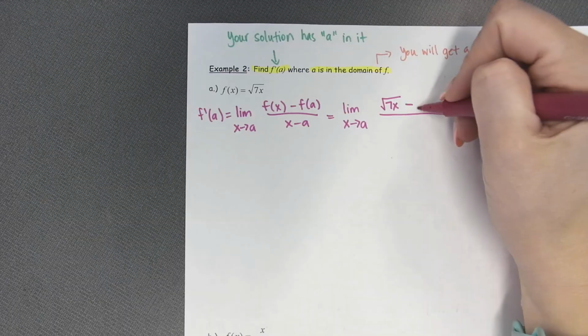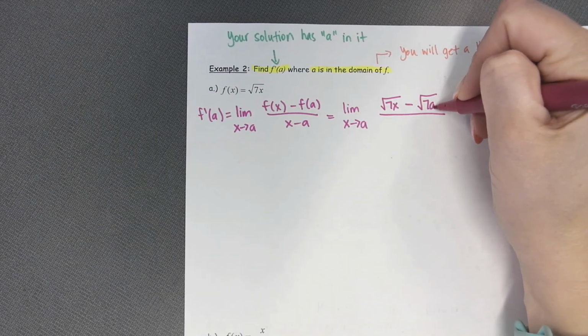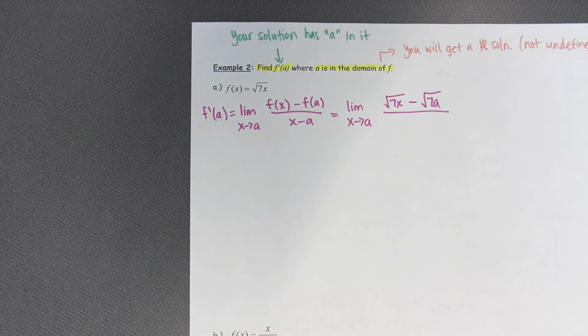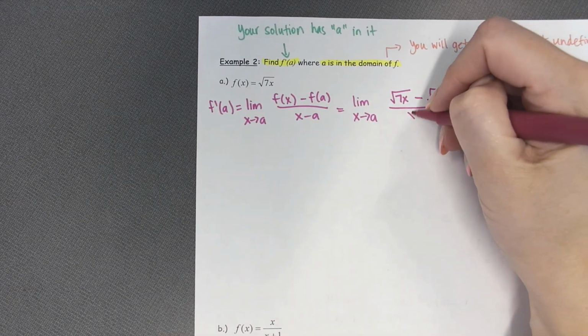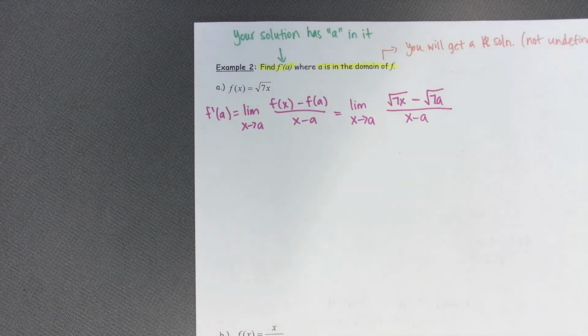So it's just going to be the square root of 7a. On the bottom, there's nothing to substitute. You're going to leave it as x minus a. And then just like we were doing when we were solving limits with algebra, we're going to solve this algebraically.